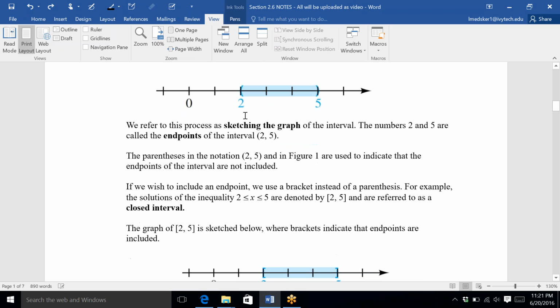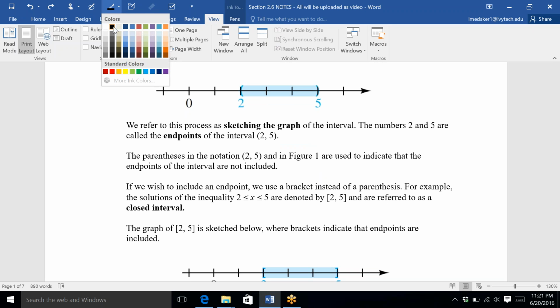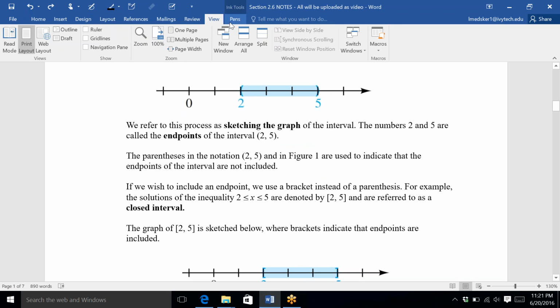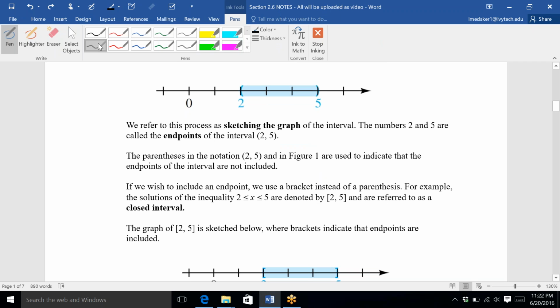And then the graph. So like if I wanted to graph, this graph right here represents 2 is less than x and x is less than 5. So x is between 2 and 5.